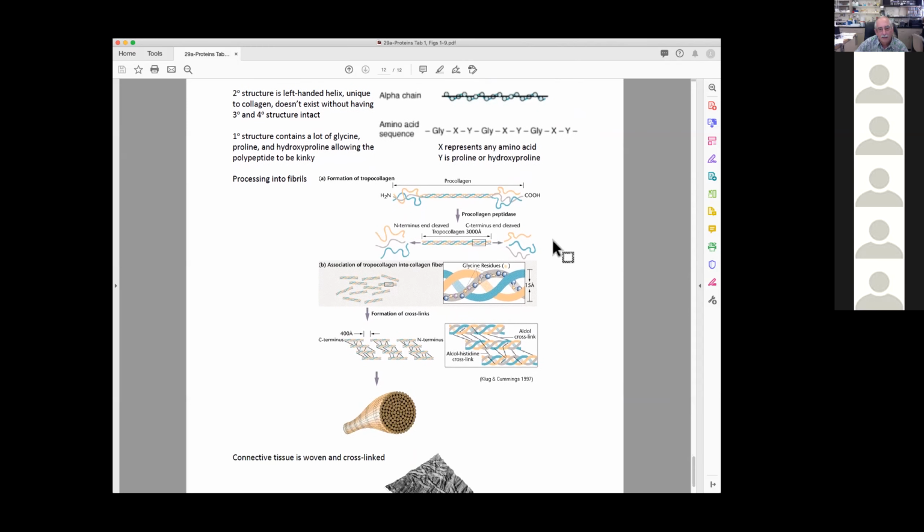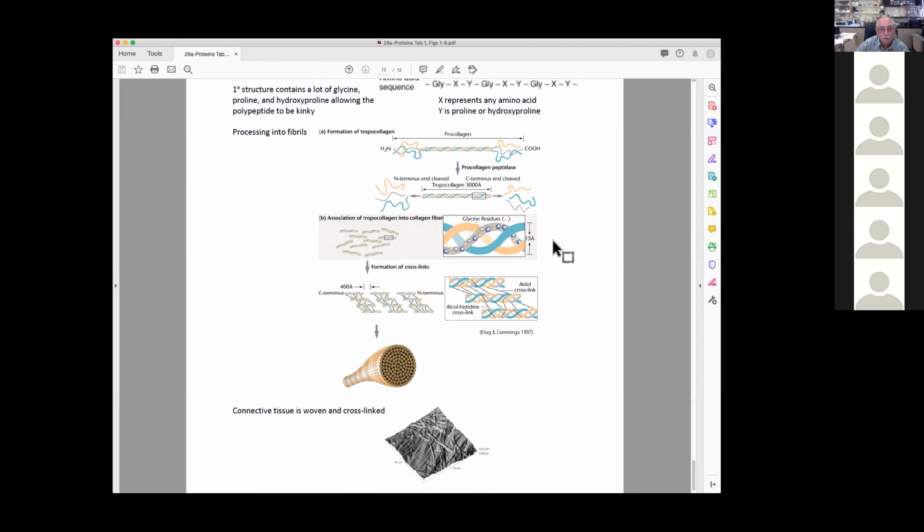So how do you get that into fibrils? Here's the formation of what's called tropocollagen. Here's all the amino groups over here, the C-terminus over here. Here's your triple helix, and here's your collagen triple helix.